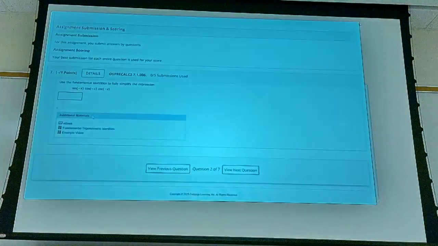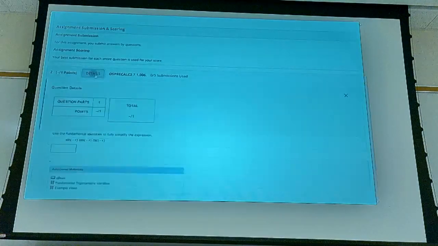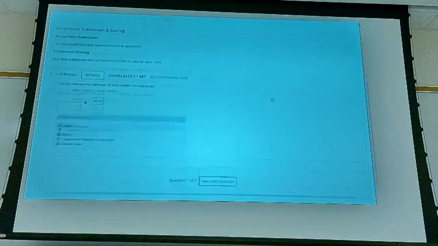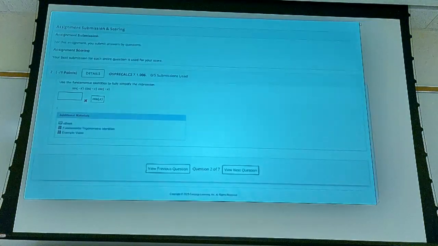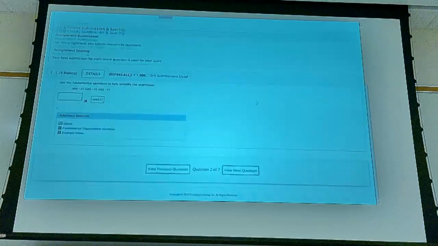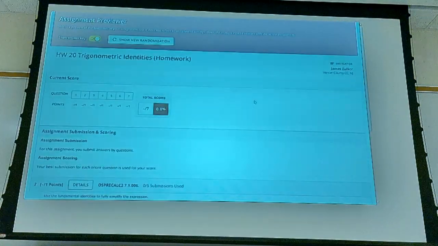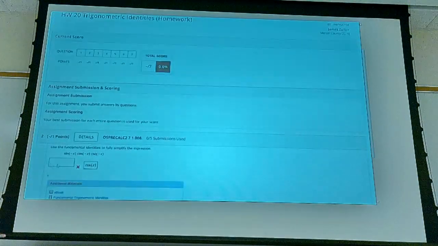And just to check, let's come back over here. Oh, you're not going to let me type in the answer? Oh, that's annoying. Okay, well then. Oops, that's not it. Cosine x. Why is it not letting me type it in? Oh, I know why. It's not open yet. No, it should be open. Why is it not letting me? What's going on?